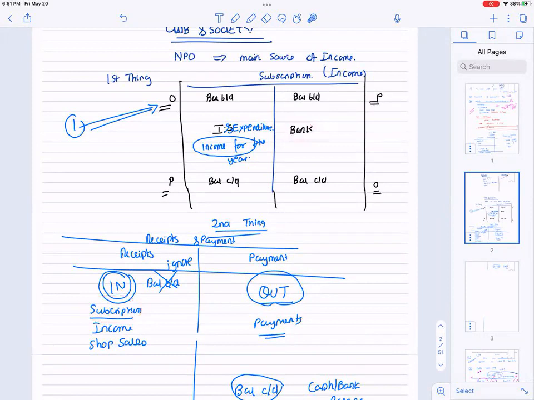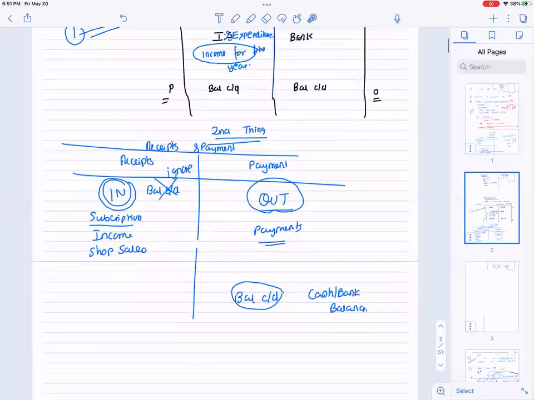Are you clear with this? Then whatever income is over there, whatever you have received and you analyze it as income, this comes in the income and expenditure account. This is nothing but like your income statement.